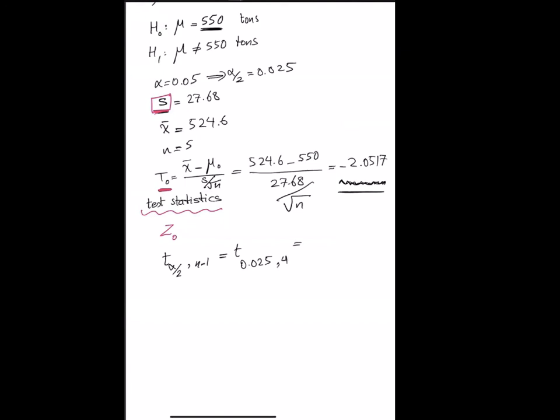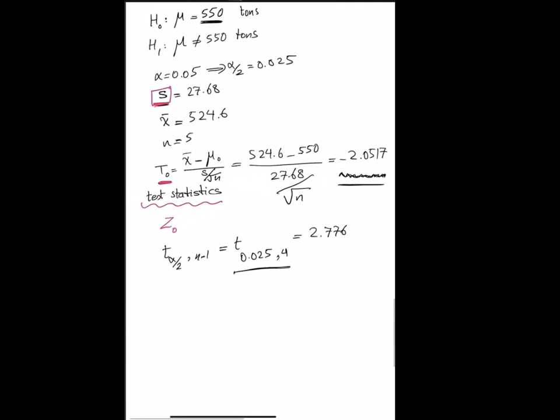Okay, can everyone please go to the table and see if we can find the value of this T? Can someone tell me what is that value? 2.776. Exactly. Okay.